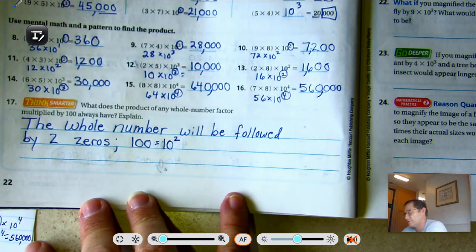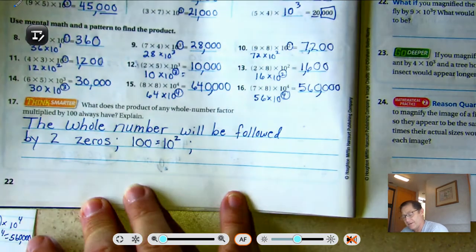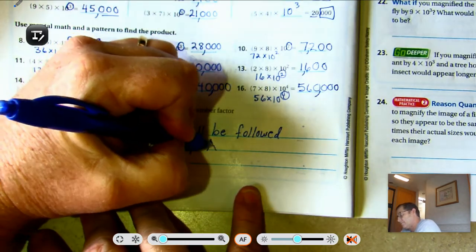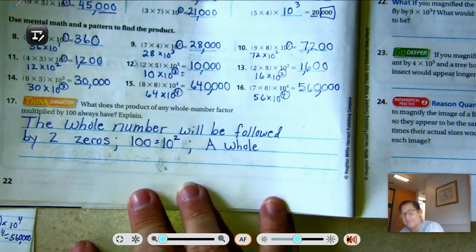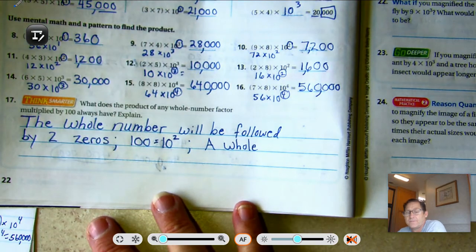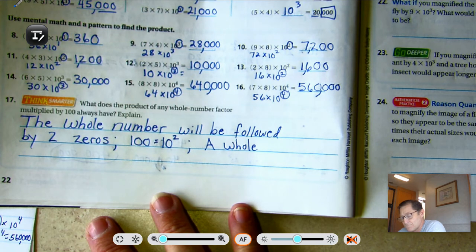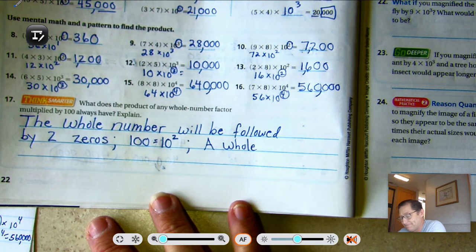Okay, so 100 equals 10 squared. And we know from previous lessons that a whole number will always be followed by the same number of zeros that are in the exponent when we're dealing with powers of 10.